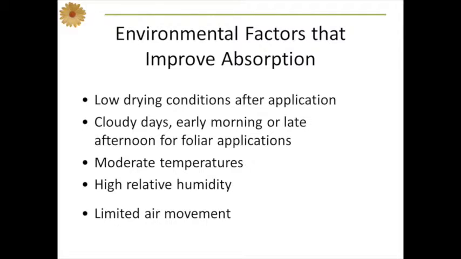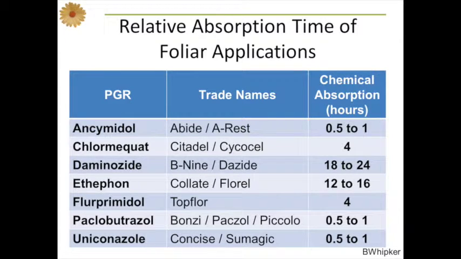Right, drying conditions. Brian mentioned this a little bit earlier as well. If we want to improve absorption, we want to look at conditions that allow for very slow drying after application. Cloudy days, early morning, late afternoon, moderate temperatures, high relative humidity, and limited air movement. For different materials, we still have different amounts of time that it takes for that material to be absorbed by the leaf.